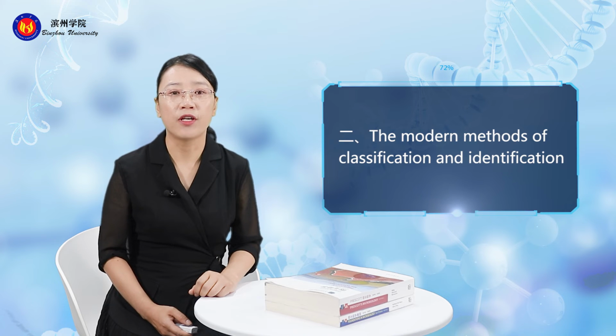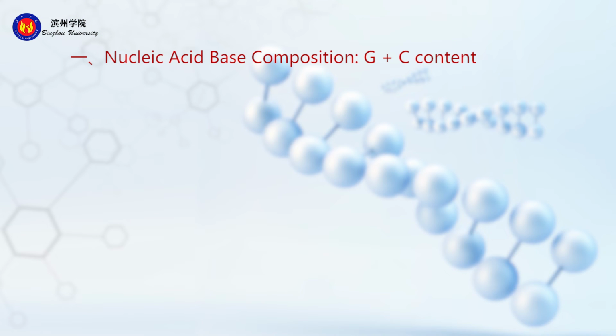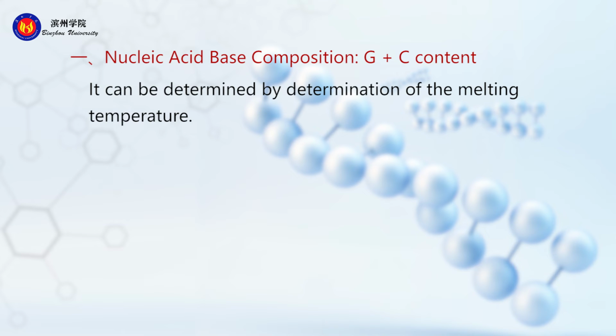Second, the modern methods of classification and identification. The modern methods were mostly based on molecular characteristics. Firstly, the nucleic acid base comparison, especially the G plus C content. It can be determined by determination of the melting temperature.